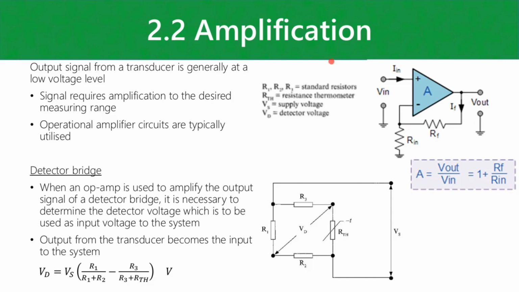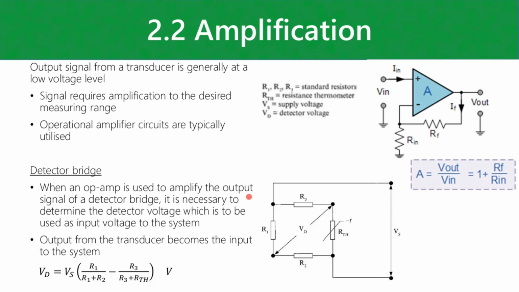So if you have a very small signal that your transducer is picking up and you want to analyze that signal further, you're going to need some amplification. So then you would generally use something like a non-inverting amplifier. You can also use an inverting amplifier, but generally non-inverting amplifiers are used. Right, and while we're here, I'll do two examples on this as well.